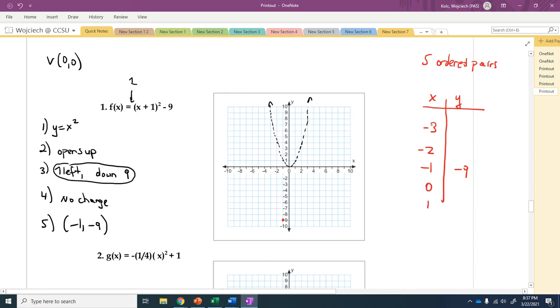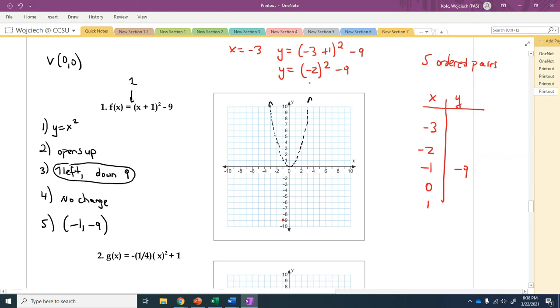So now let's evaluate this. When x is equal to negative 3, y will be equal to (negative 3 plus 1) to the second power minus 9. So I'm going to show you the steps for this example only, okay? So y equals negative 3 plus 1 is negative 2 to the second power minus 9. Now be careful.